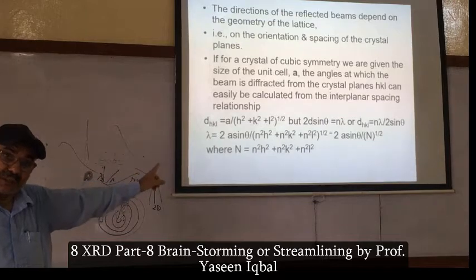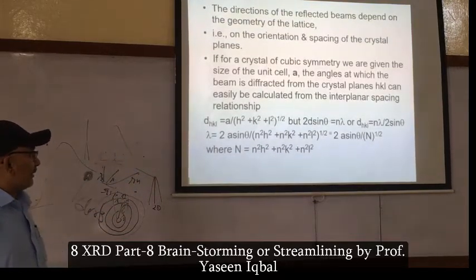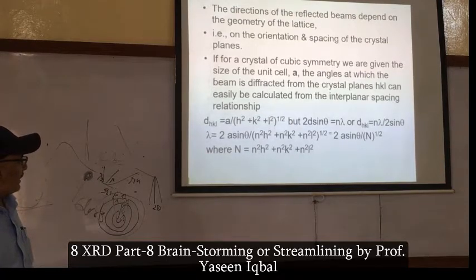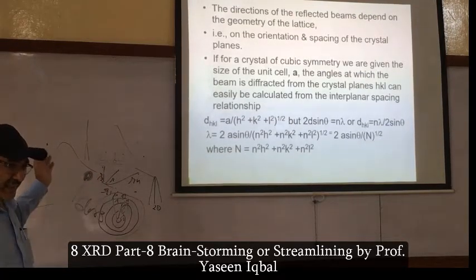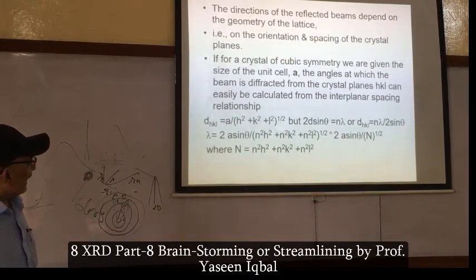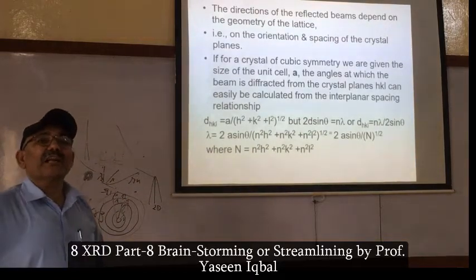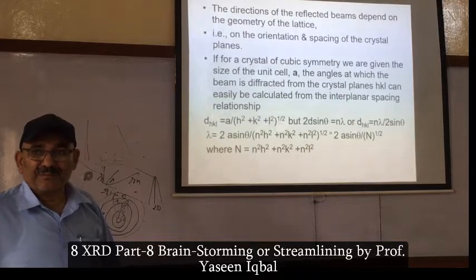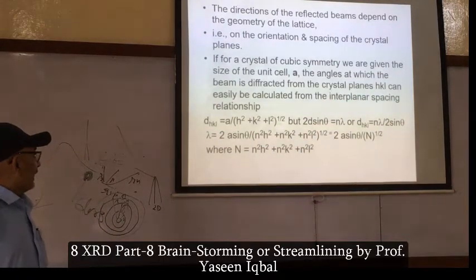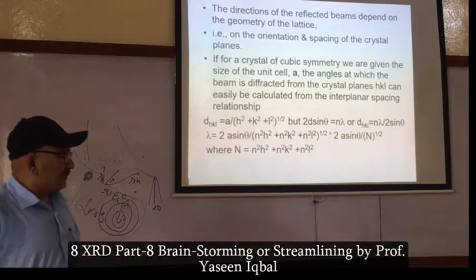So don't confuse with these things. So D is equal to n lambda over 2 sine theta. You have taken D out, and lambda is equal to 2a sine theta. So when you know A and theta, you can measure lambda from there as well. Right? And N is n squared h squared plus n squared k squared plus n squared l squared.